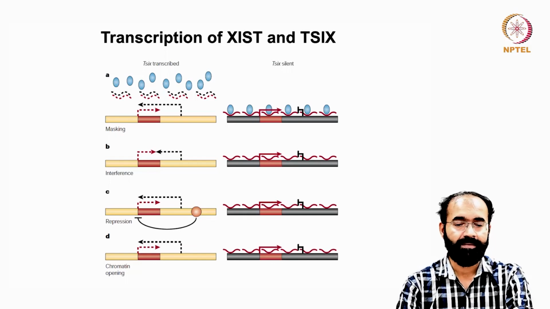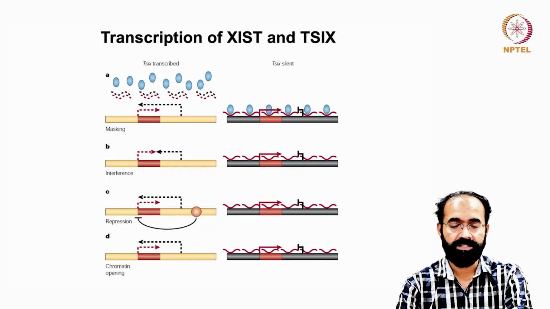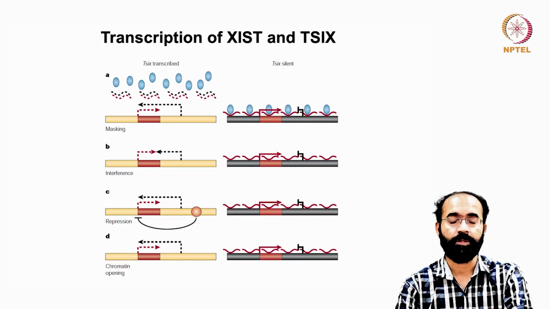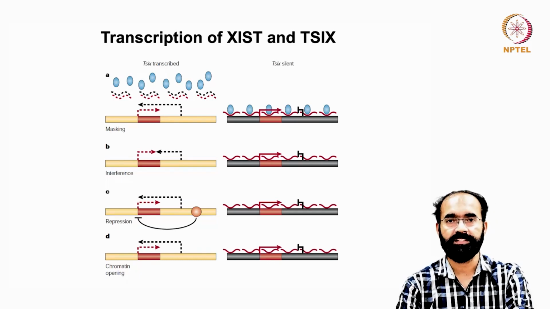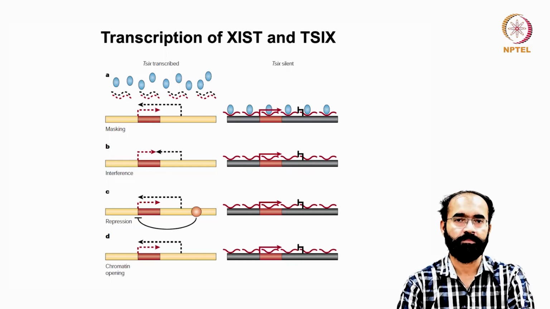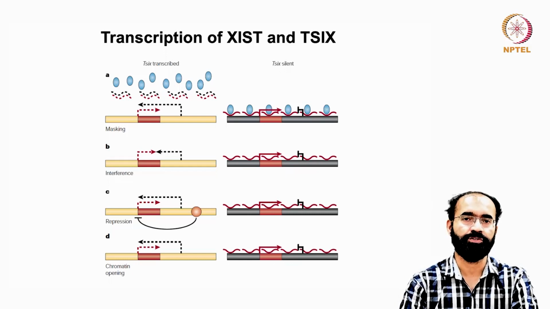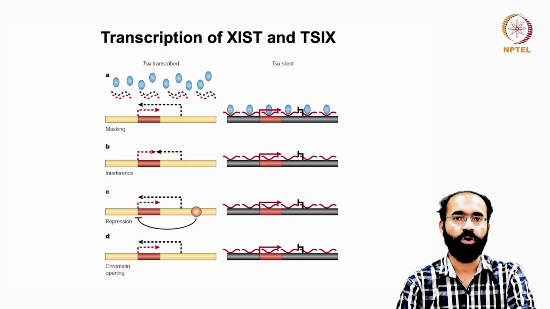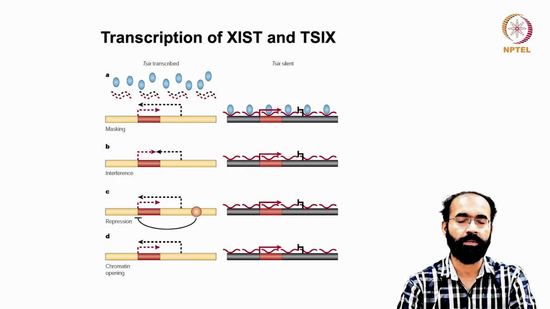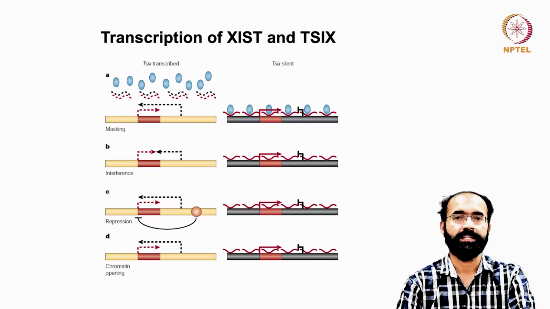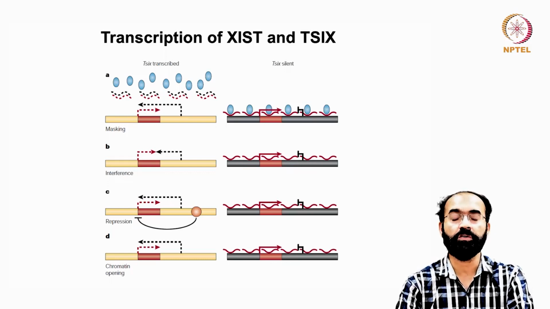What is repression? The X-cyst promoter is inhibited by the T6. So this region where the T6 expression is, its regulatory region, can inhibit. So they can sequester and titrate away all the elements required. Like you may have seen in some movies, there may be one small shop where he's selling juice or something, and then if a posh, very nice looking attractive shop comes in the neighborhood, then everybody will start going to that new good looking shop.